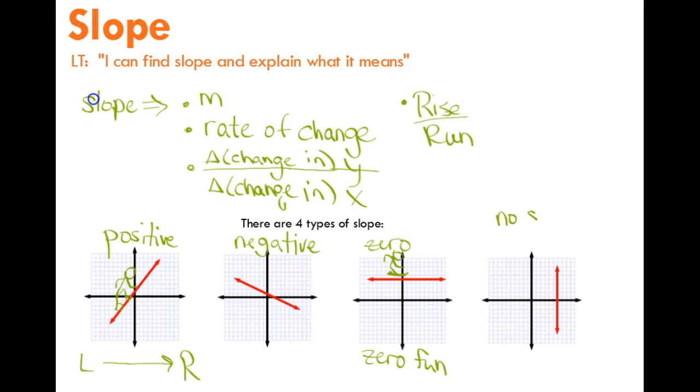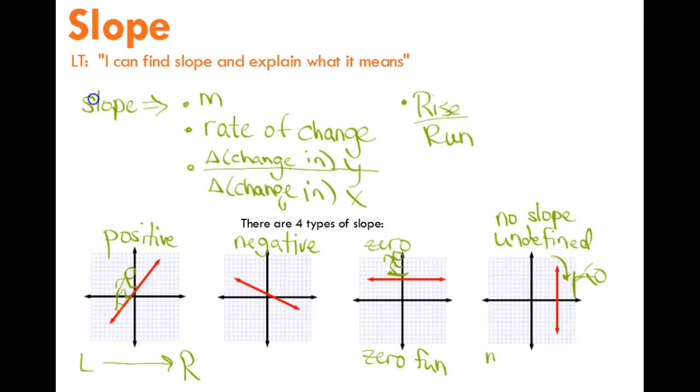And then right here, this has a couple names. It's either no slope, which is different than 0, just no slope, or undefined. And we like to joke that if you were trying to ski down this hill, here's your skier, a little bit scared.